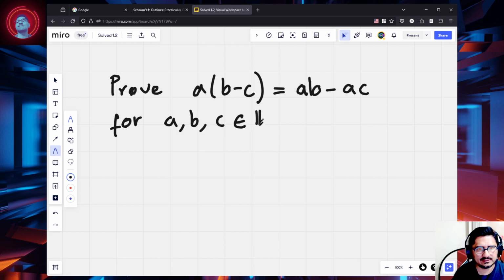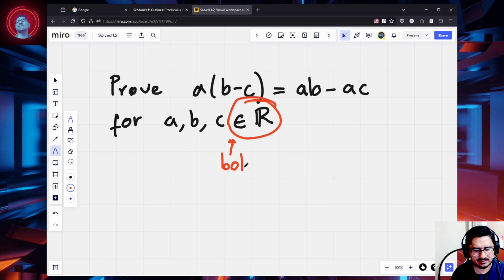This is not part of the initial statement, but it's important to know which kind of numbers we are trying to use. Also, remember this notation means, sorry, belongs to, and this notation is just real numbers.